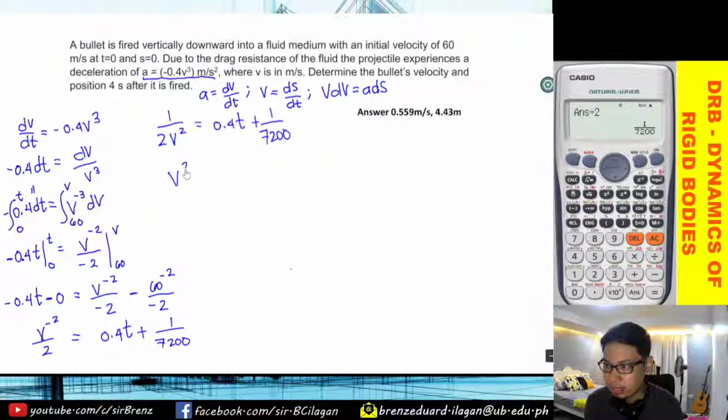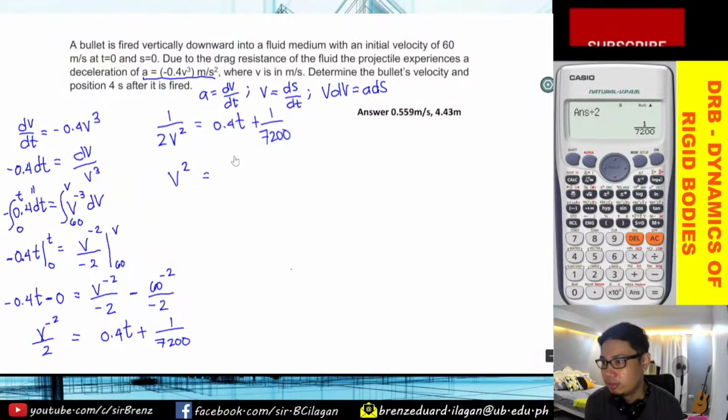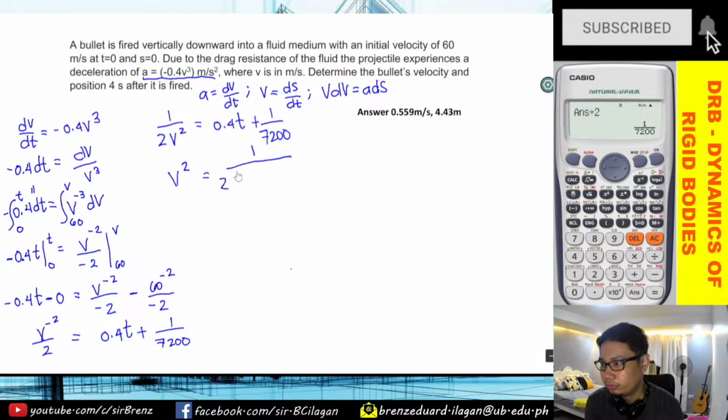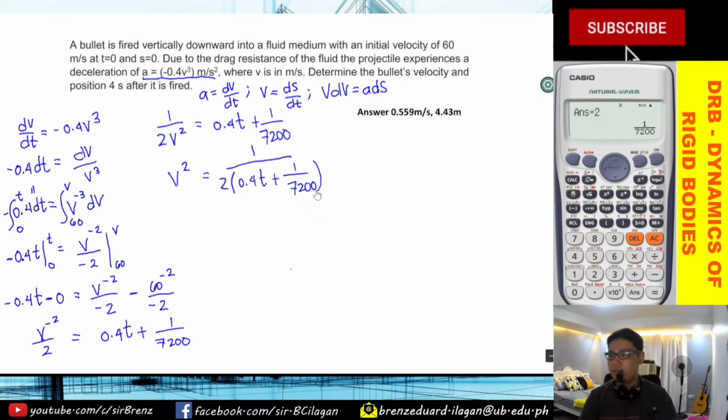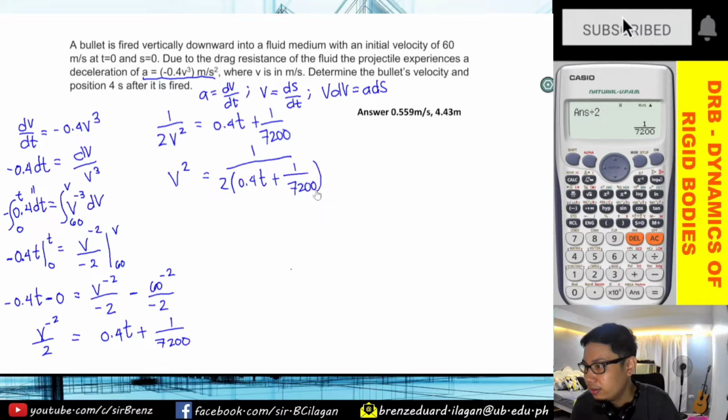Itataas ko siya, magiging v squared is equal to 1 over 2 with the quantity of 0.4 t plus 1 over 7,200. Pwede ba natin siyang i-simplify? Sige, distribute natin yung baba.